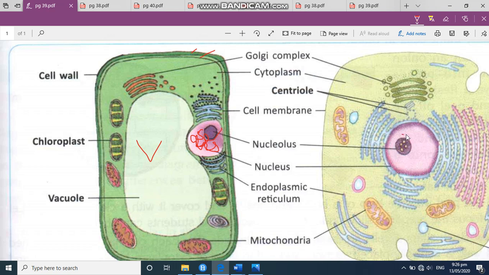Okay, same here. If you want to make it, you can just draw a zigzag. This is chromatin fiber. See, then we have mitochondria, we have endoplasmic reticulum, nucleolus in the center, cell membrane, centriole present only in the animal, not in the plant cell, chloroplast present in the plant cell, not in the animal cell. So this is the difference between the animal and the plant cell.